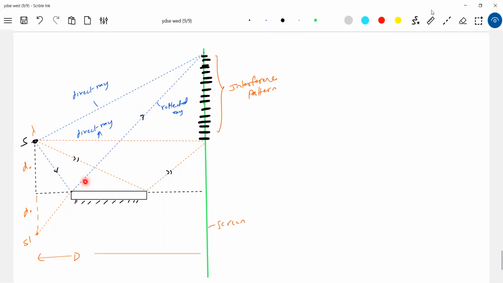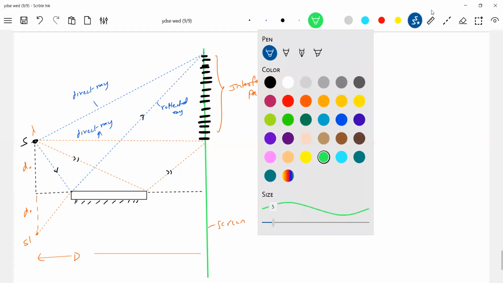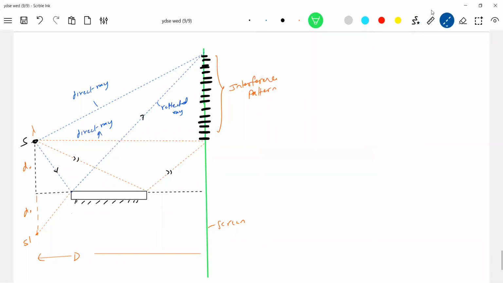So this is similar to Young's double slit, no? The distance between the slits is D, this is capital D. Only we have to write the expression for the path difference. So where is the path difference now? How to take the path difference? We have to extend the path difference.